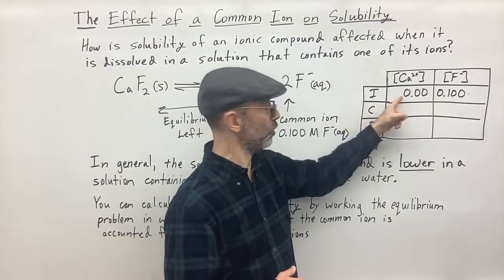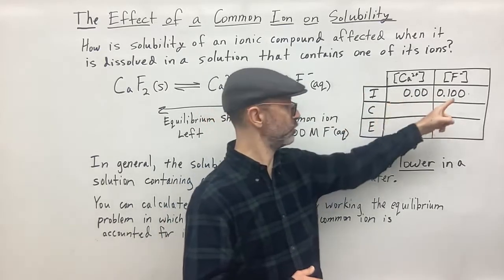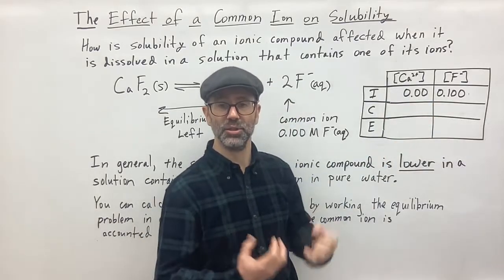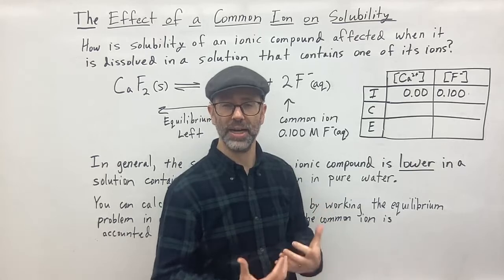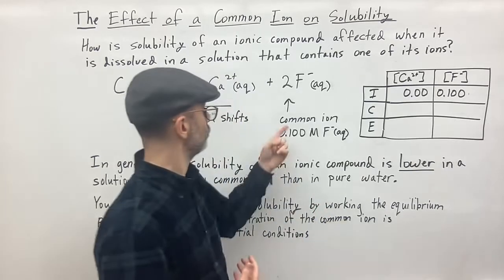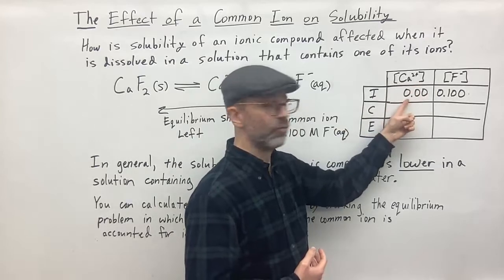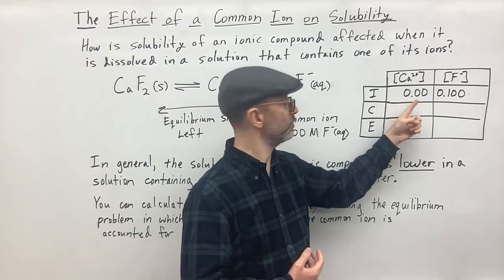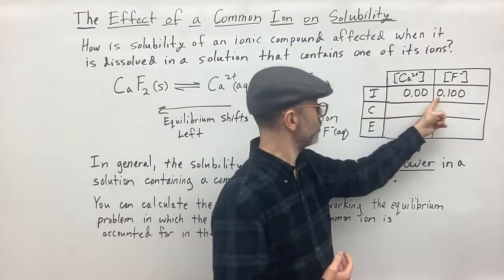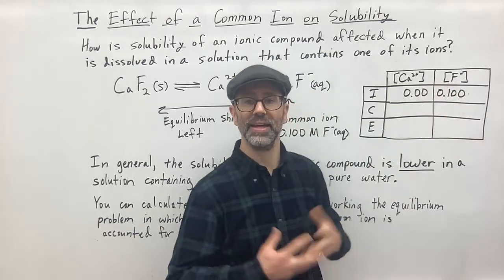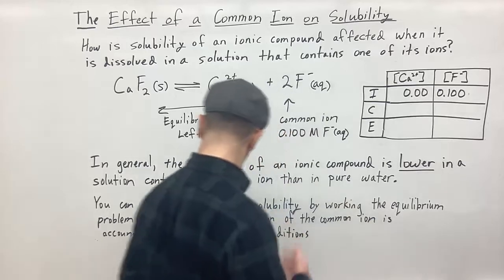But since we're dealing with a common ion, a solution that already has fluoride ion in it, my initial conditions would be zero for the concentration of calcium, but 0.100 molar for the concentration of fluoride. Then I would begin solving.